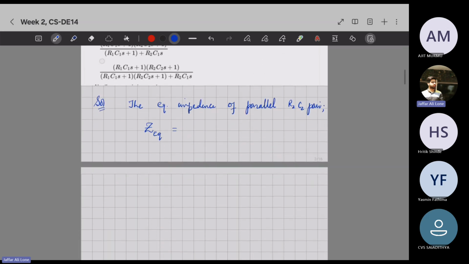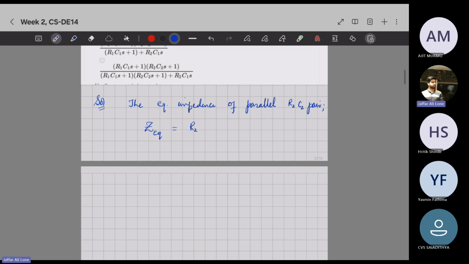So you can write it like this: R2 into ZC2 divided by R2 plus ZC2, correct? So now let's put in the value of ZC2. It will be R2 into 1 by SC2 divided by R2 plus 1 by SC2, correct?